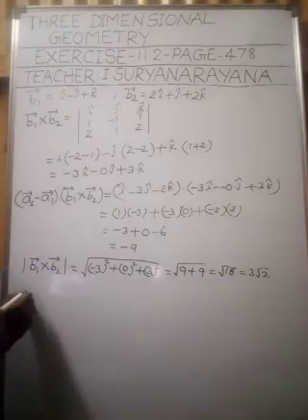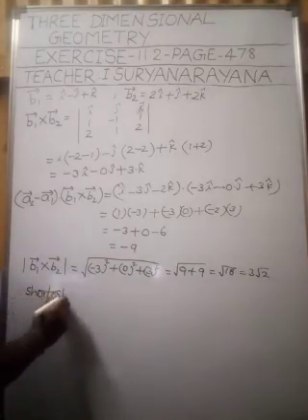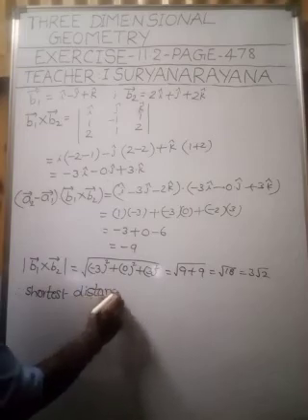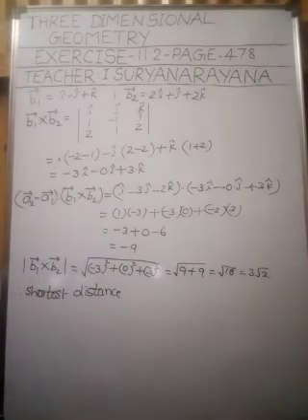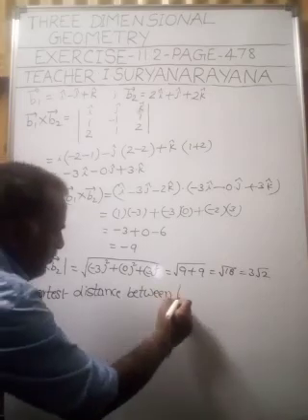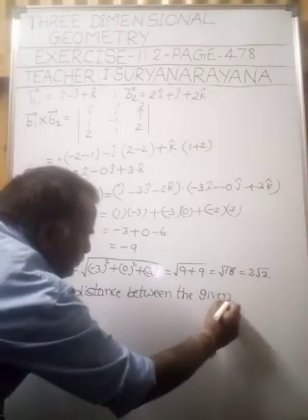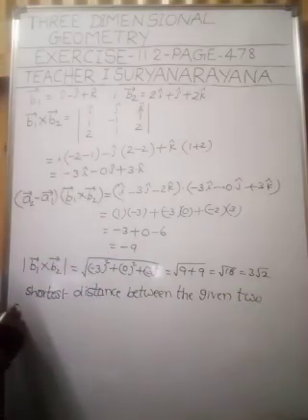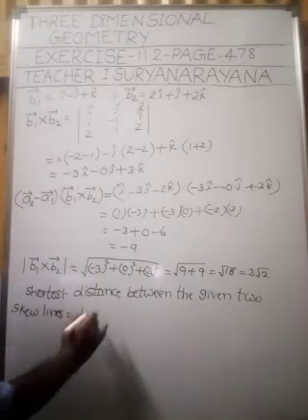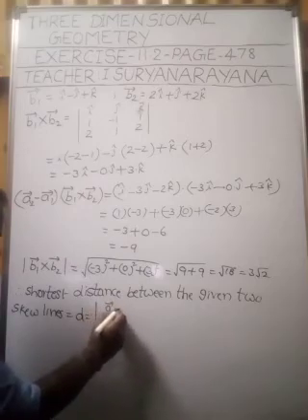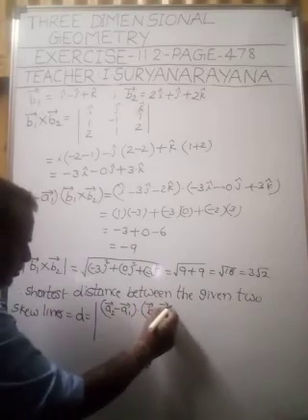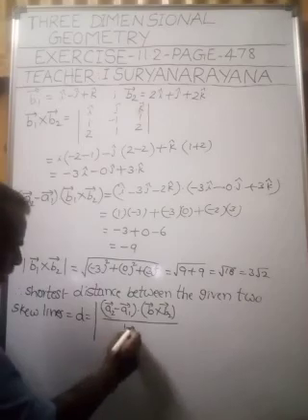Therefore, the shortest distance between the given two skew lines, D is equal to modulus of A2 bar minus A1 bar dot B1 bar cross B2 bar, whole divided by modulus of B1 bar cross B2 bar.